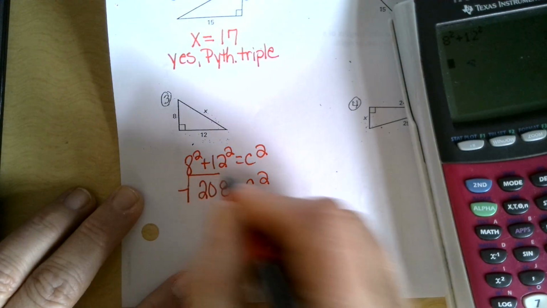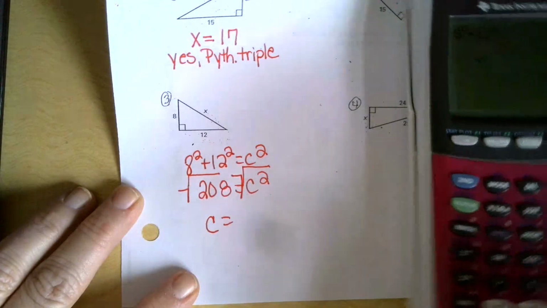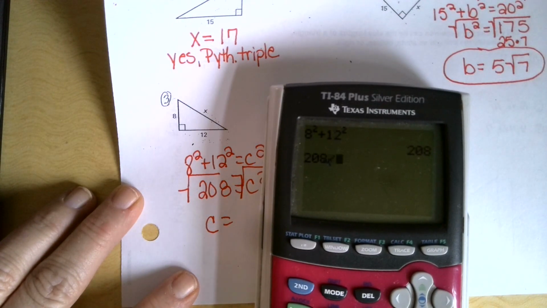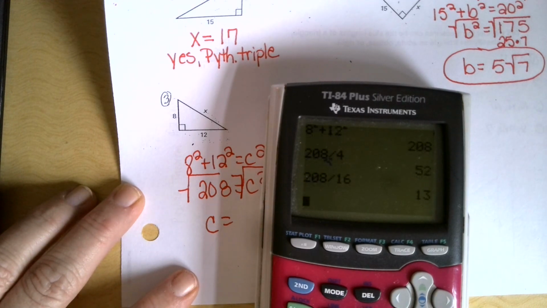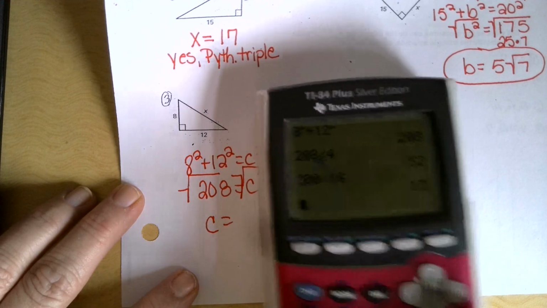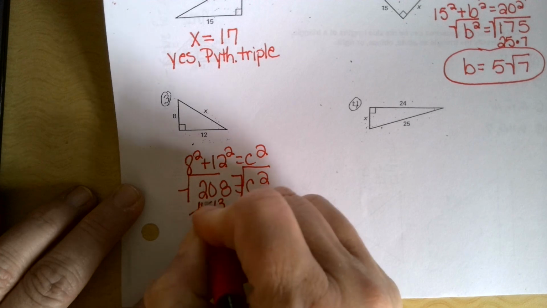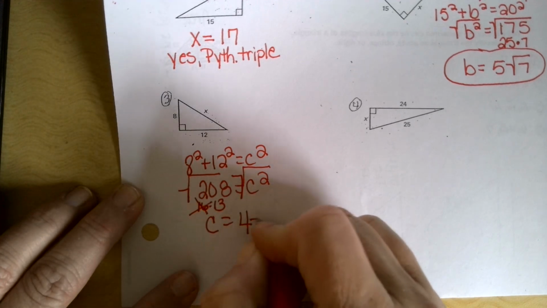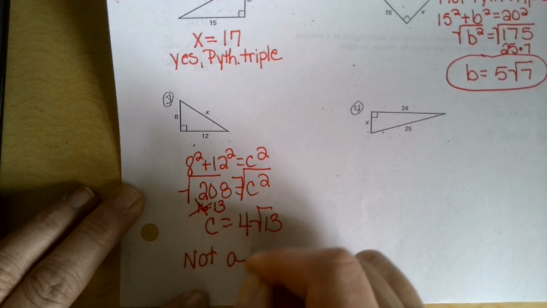I'm going to take the square root, and I need a perfect square that goes into 208. If I divide that by 4, I get 52, so I'm going to try a bigger one. 16 and 13, that sounds good. So I know this is 16 times 13. The square root of 16 is 4. Square root of 13. This is not a triple.